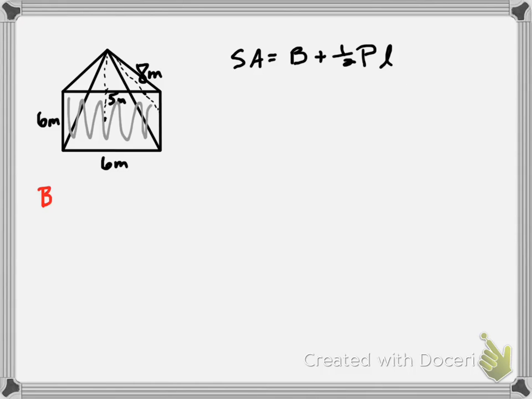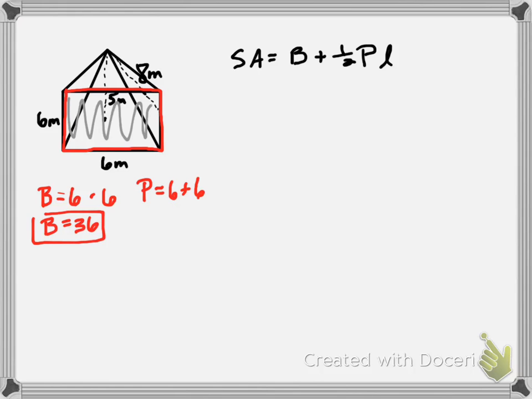Okay, so the area of the base, since it's a 6 by 6 square, is 6 times 6. So that gives me 36. The perimeter of the base is 6, 6, 6, 6. So I get that the perimeter is 6 plus 6 plus 6 plus 6, which gives me 24.